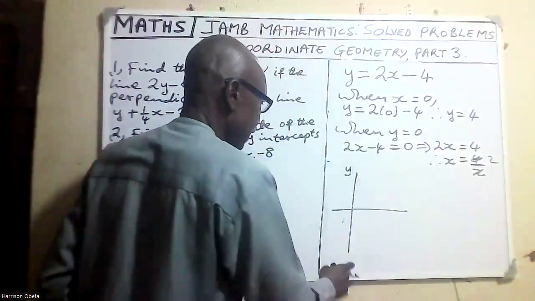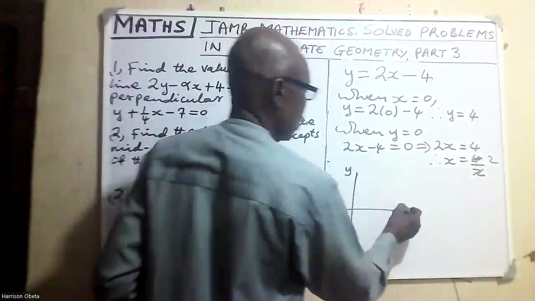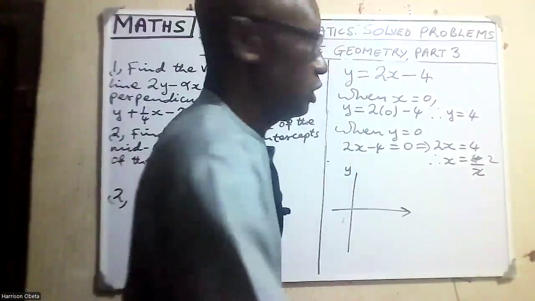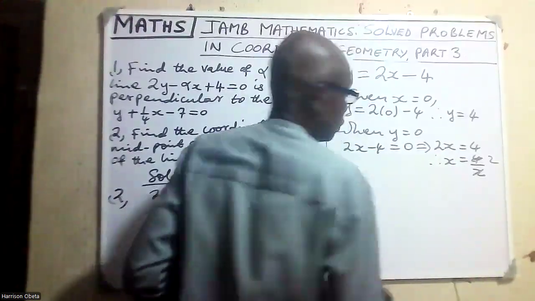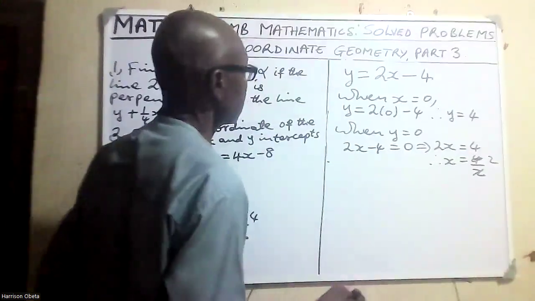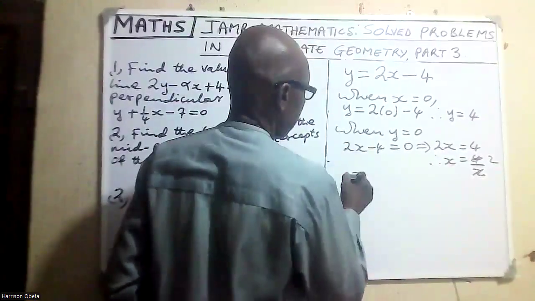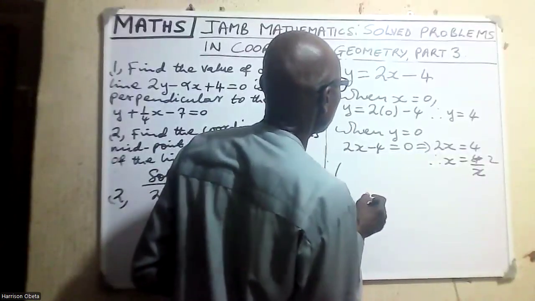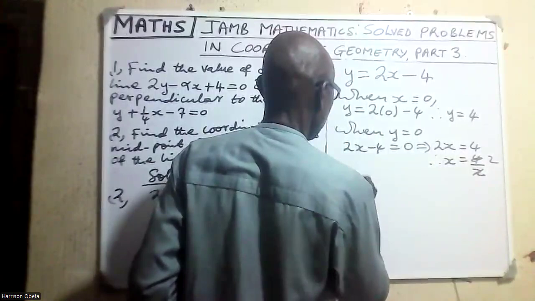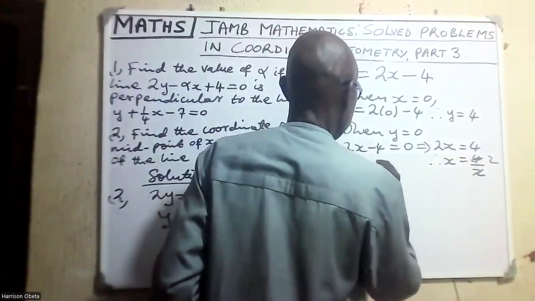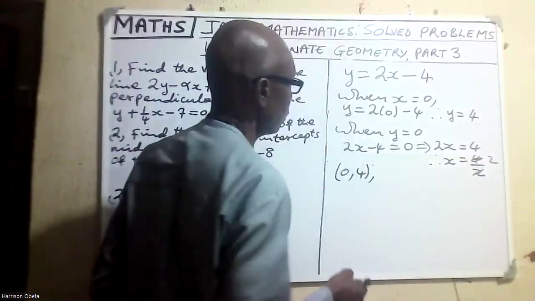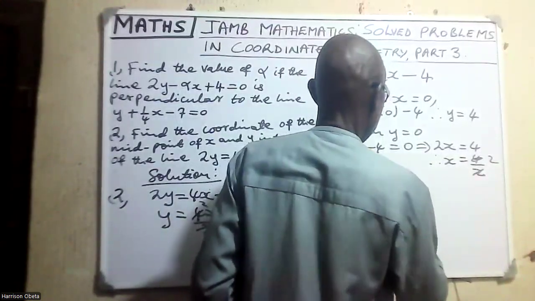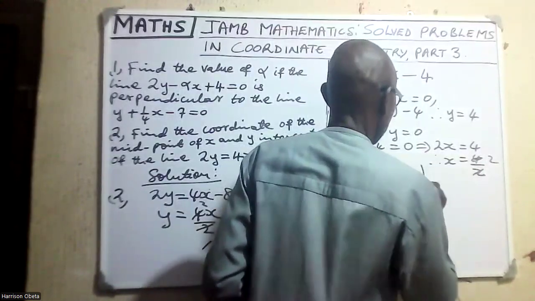So that is what it means. Bringing the coordinates, we can say that when x is 0, y is minus 4, that is 0, minus 4, then the second point should be when y is 0, x is 2, and that should be 2, 0.